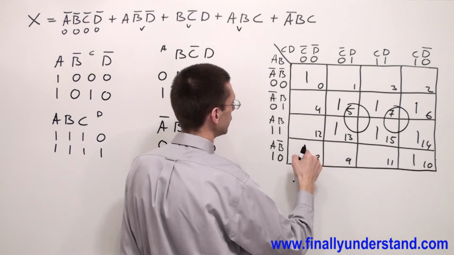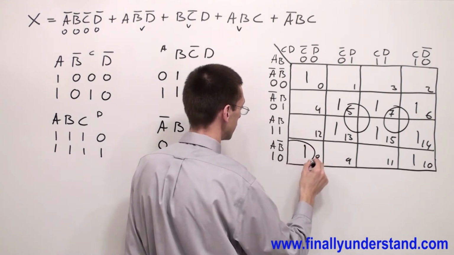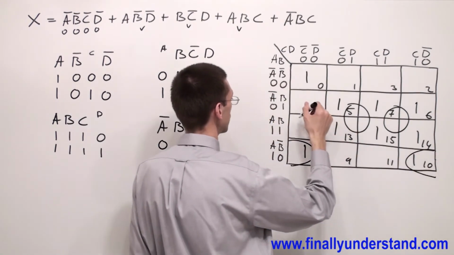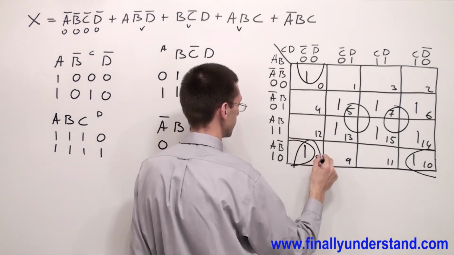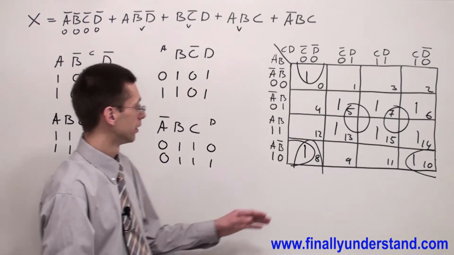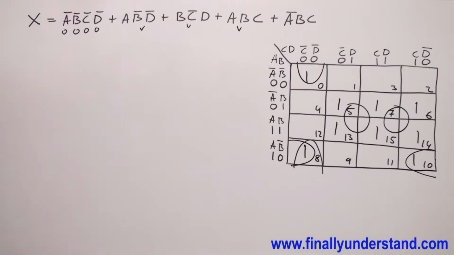I can create a group of 2 like this, and I can create another group of 2 like this. This is my map with groups.